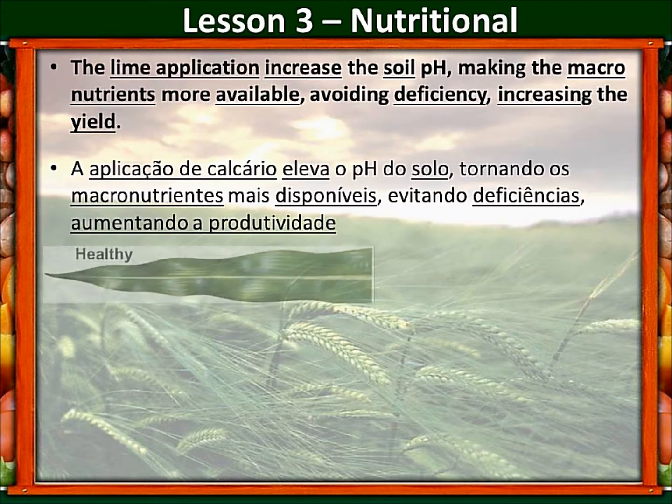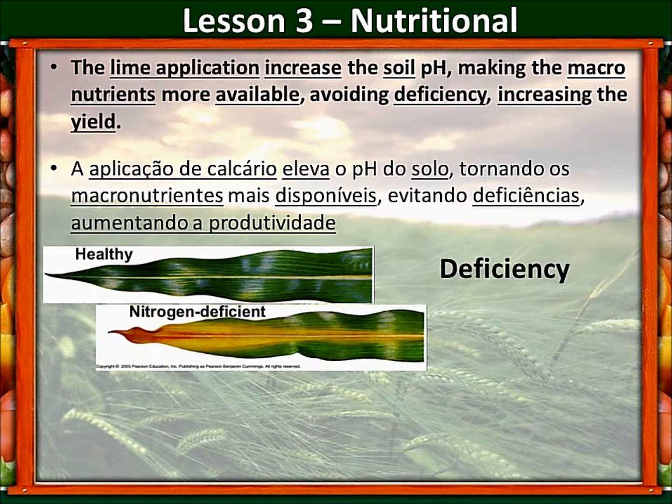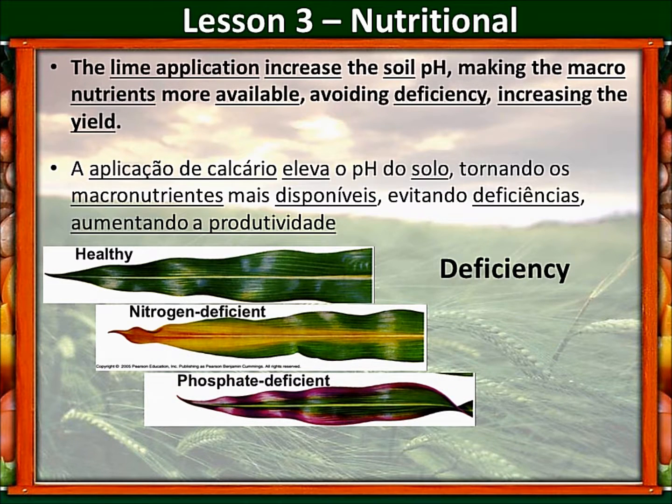Yield. So let's see some deficiencies. Here we have a healthy corn leaf, uma folha de milho healthy, saudável. Here we have a corn leaf with nitrogen deficiency, a yellowing on the leaf. Lembra lá? Yellowing, amarelecimento. Now, phosphorus or phosphate deficiency, what are we gonna have?